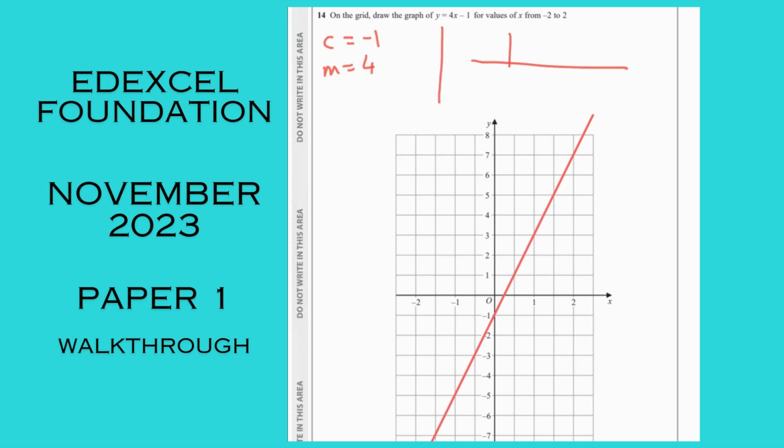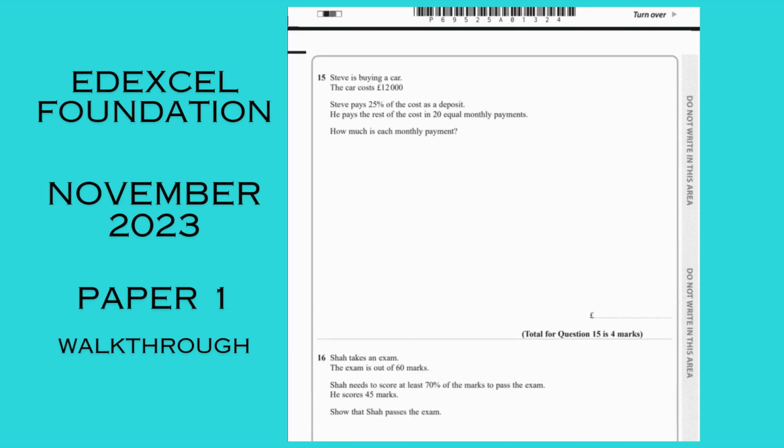Or the alternative is your table of values, pick easy values for x, sub them in. Y equals 4 zeros, take away 1. 4 ones are 4, take away 1. 4 twos are 8, take away 1. It's no coincidence it's going up in 4s. That's the gradient. Obviously, however you do it, use a ruler.